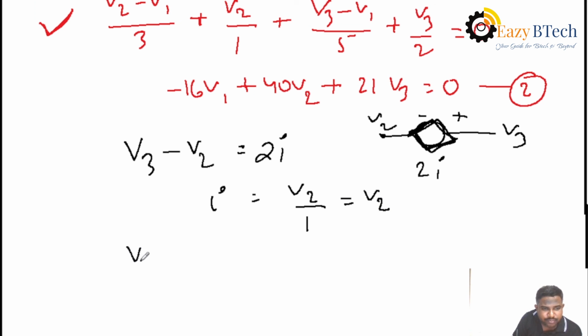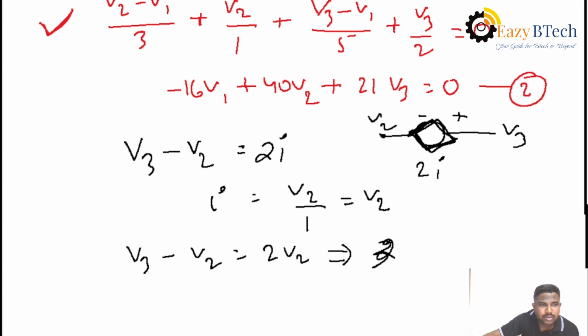Therefore, V3 minus V2 equals 2 into V2. Simplifying this equation, 2 plus 1 is 3, we will get 3V2 minus V3 equals 3.